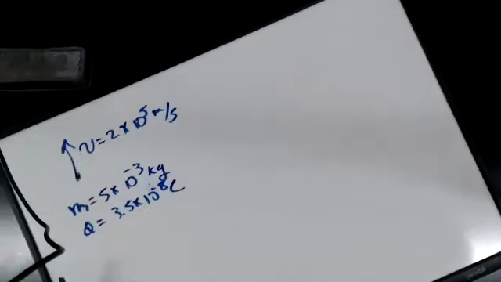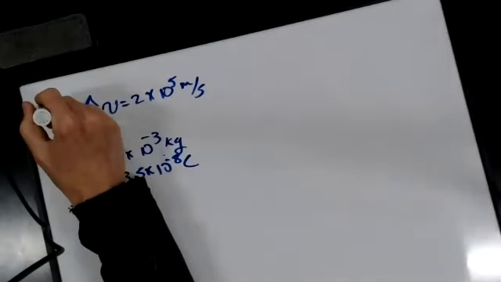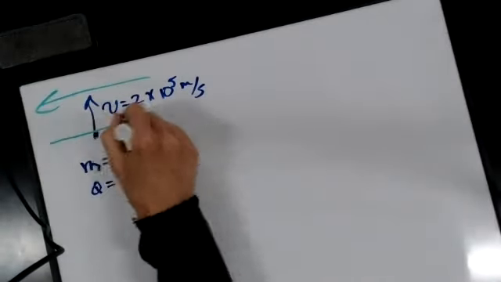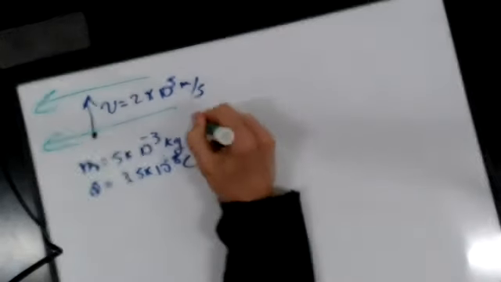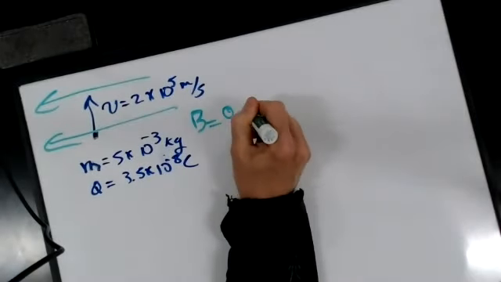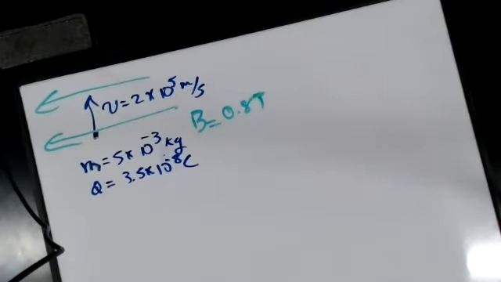Here we go. Maybe I wish I didn't put this all over on the edge, but it's got a magnetic field going this way, which is B equals 0.8 Tesla.